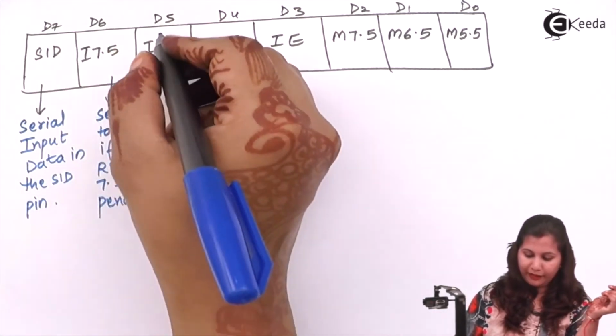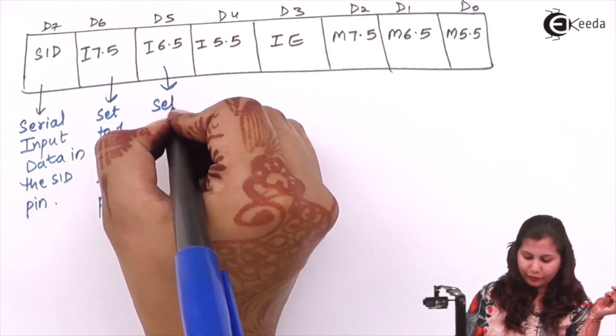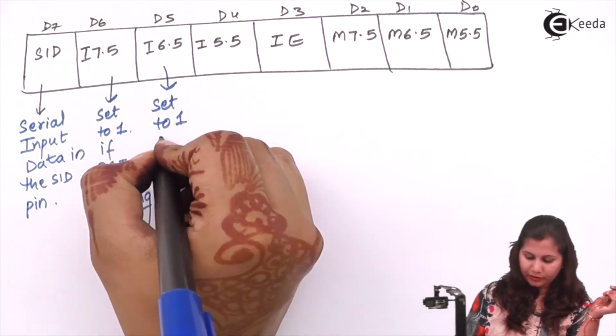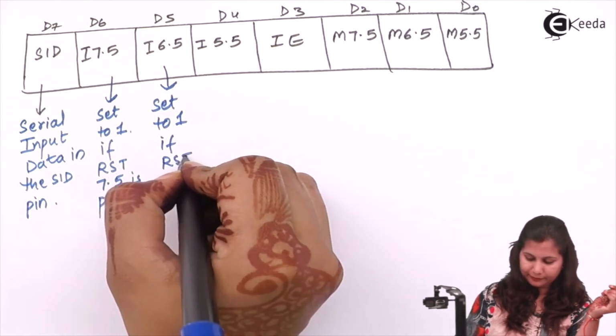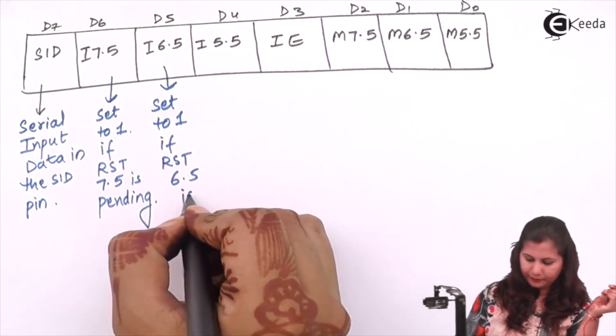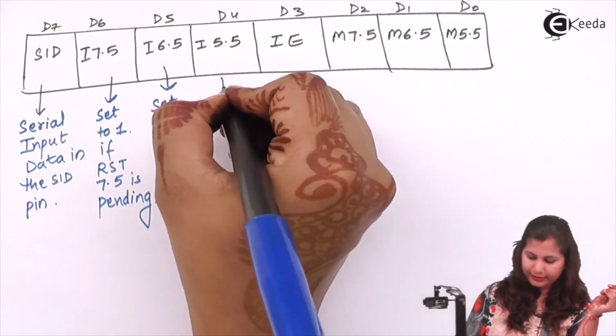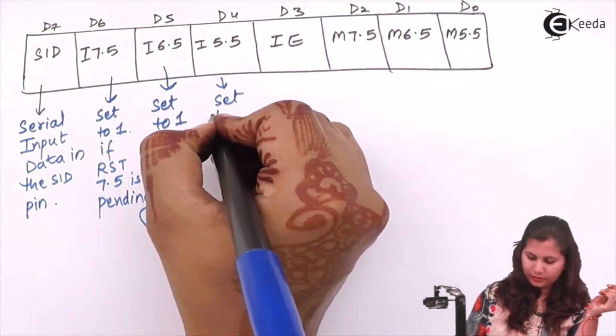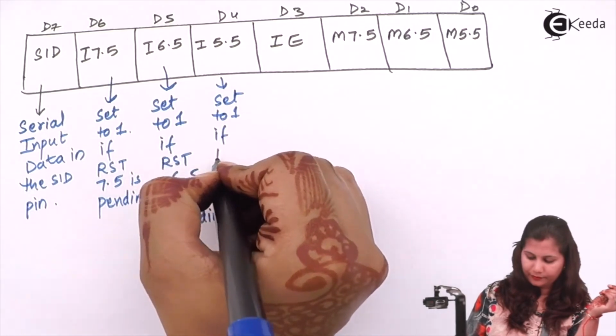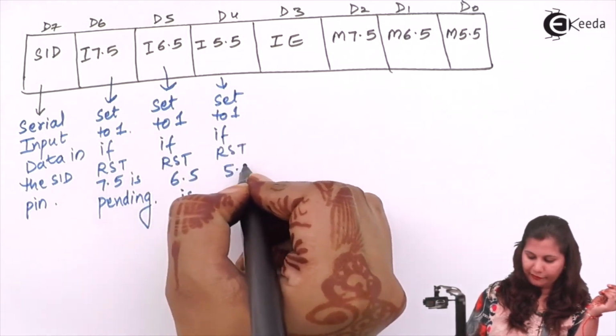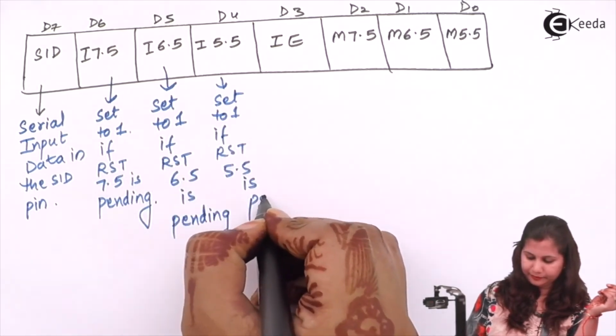Similarly, 6.5, this D5 bit, is set to 1 if 6.5 is pending. And this is set to 1 if 5.5 is pending.